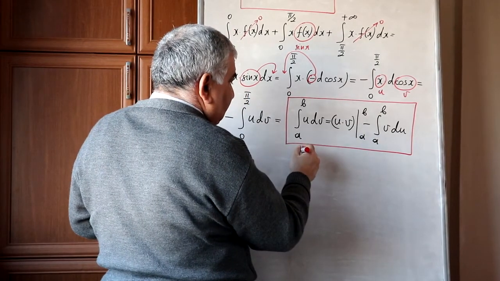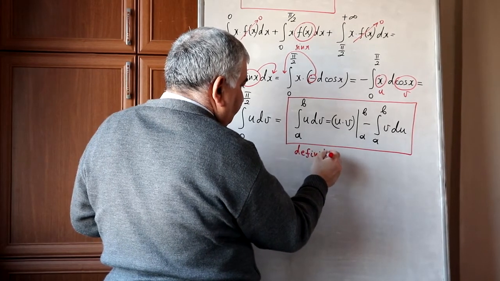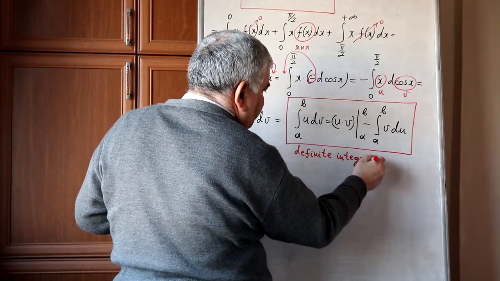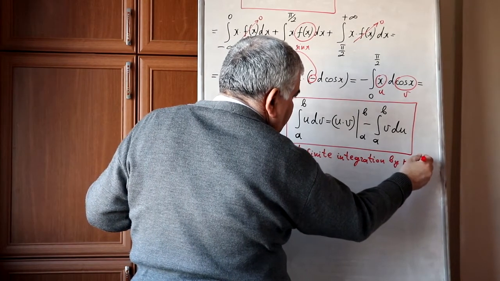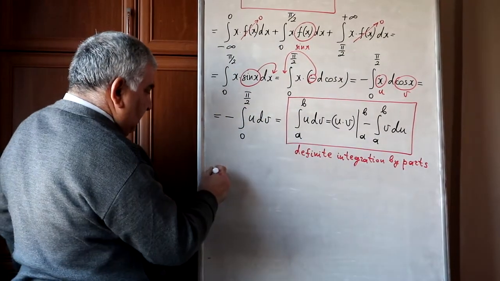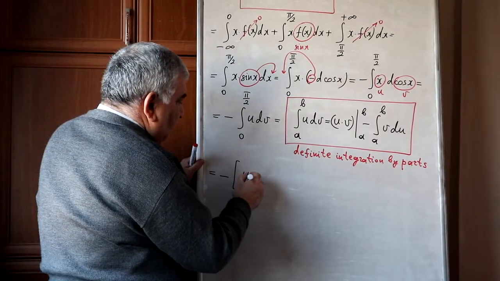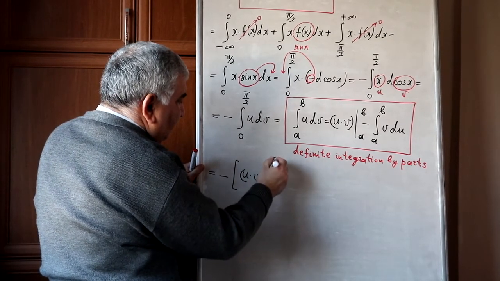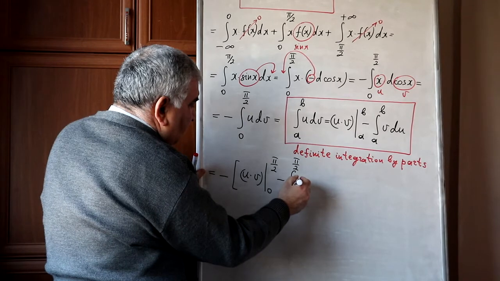It is definite integration by parts. According to this formula, we have minus u multiplied by v with the double substitution from 0 to pi in half, minus integral from 0 to pi in half of v du.